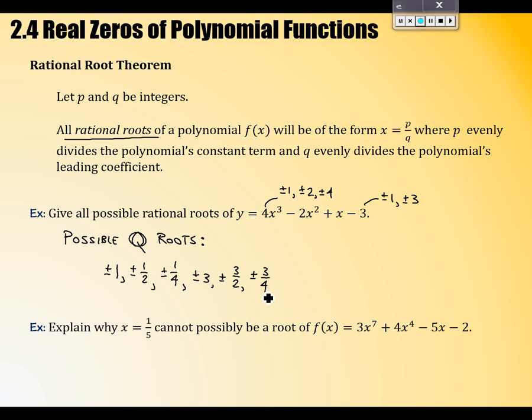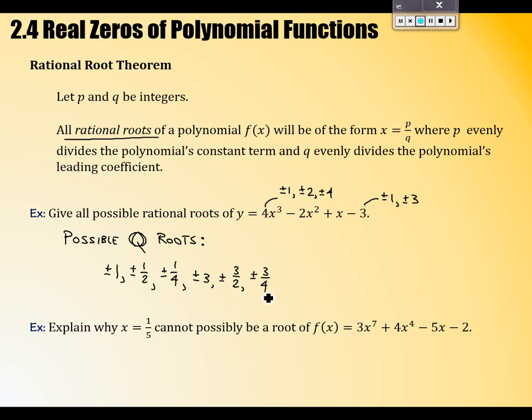Like, for example, the square root of 2. What if the square root of 2 is a root of this? That's not necessarily on this list. Or if it's pi. Or what else could it be? It could be imaginary too. Do you agree? It could be non-real too.